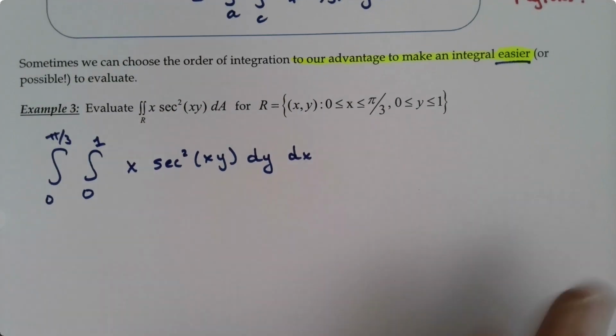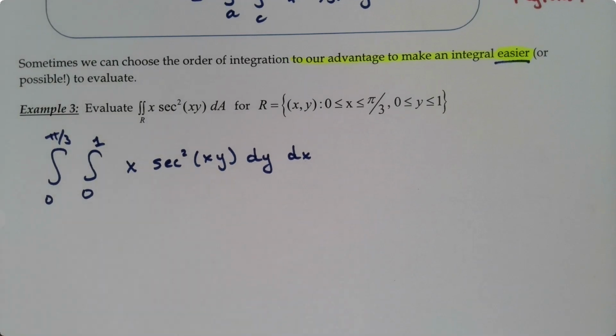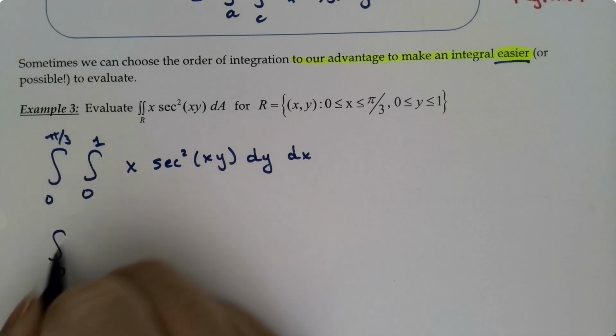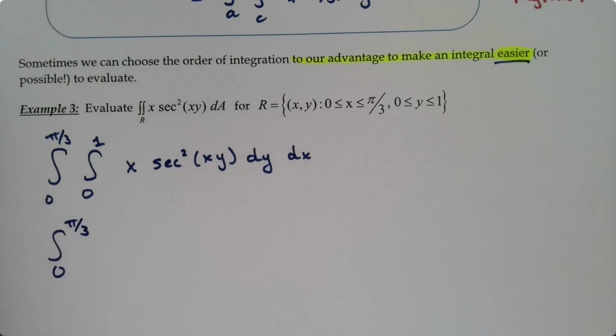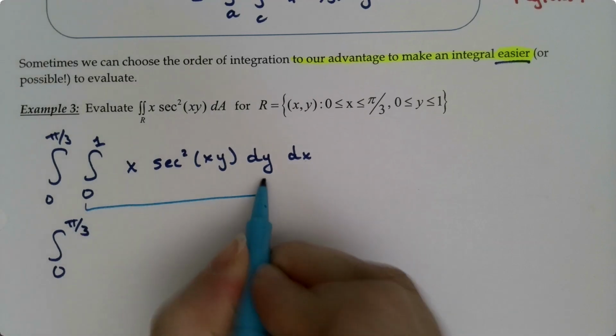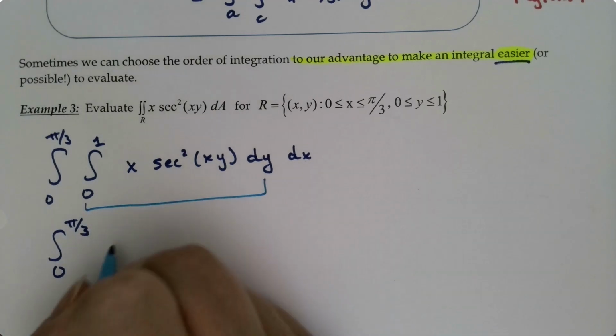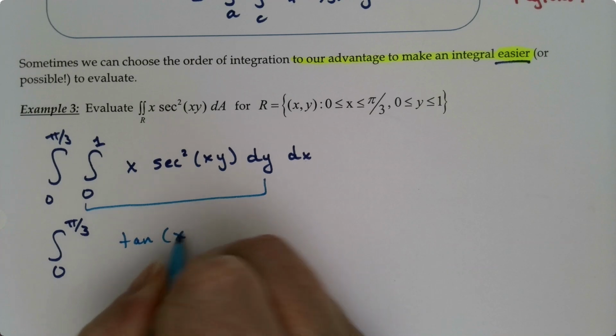Well, yes, because the integral of secant squared is a known integral. It's tangent, right? So the integral of secant squared, so let me do this, 0 to pi over 3. This inner piece here, right? The integral of secant squared is tangent. So tangent of xy.